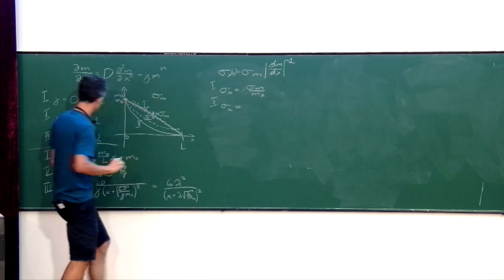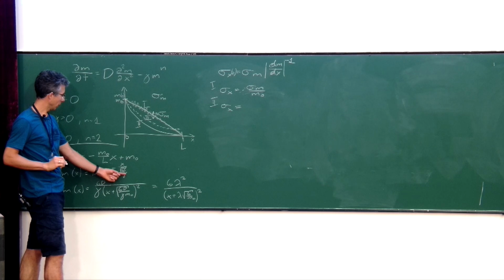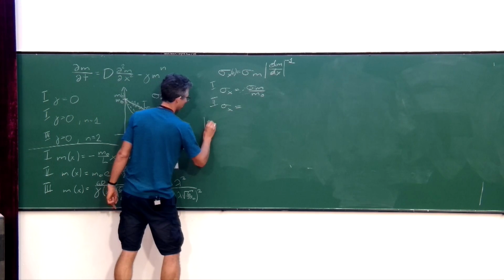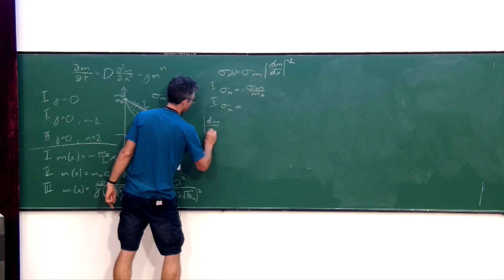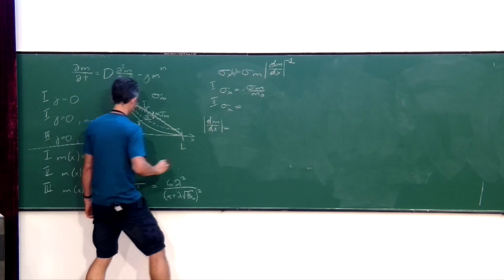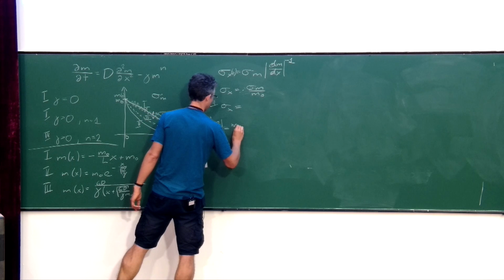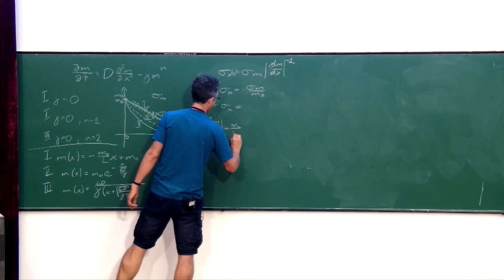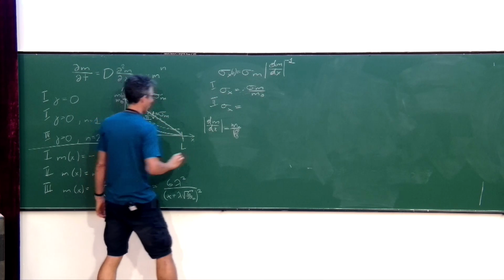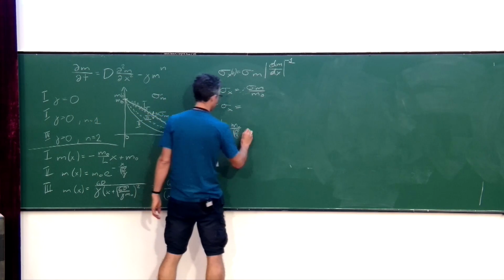And for the other one, this will get here. Again, the derivative taken with the absolute value would be m0 over this times the exponent.